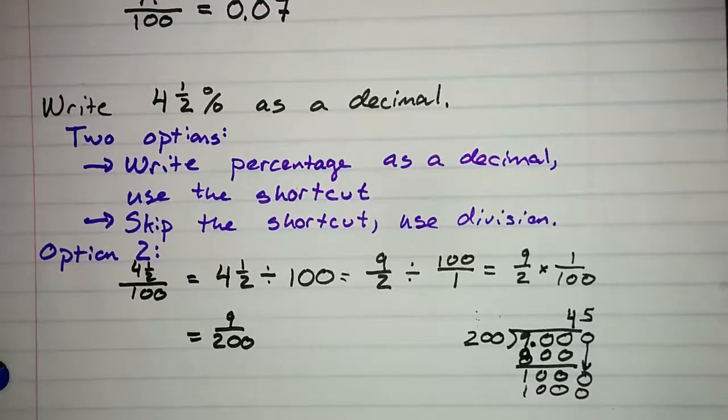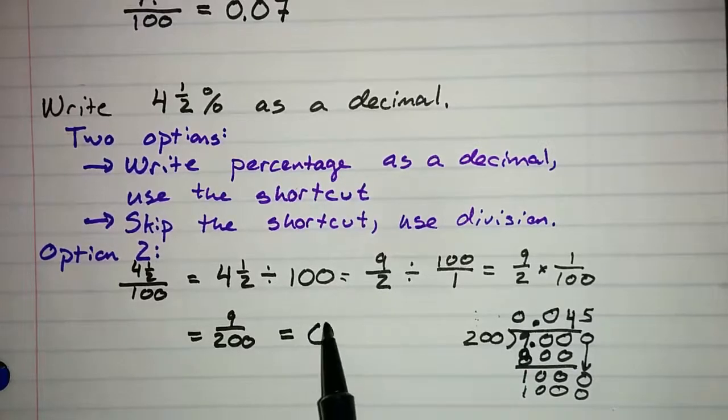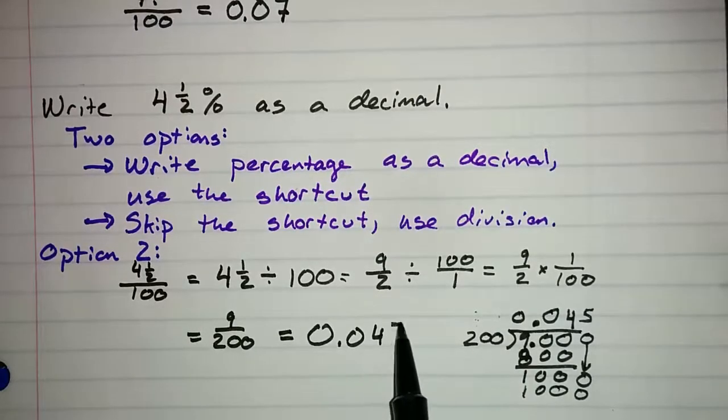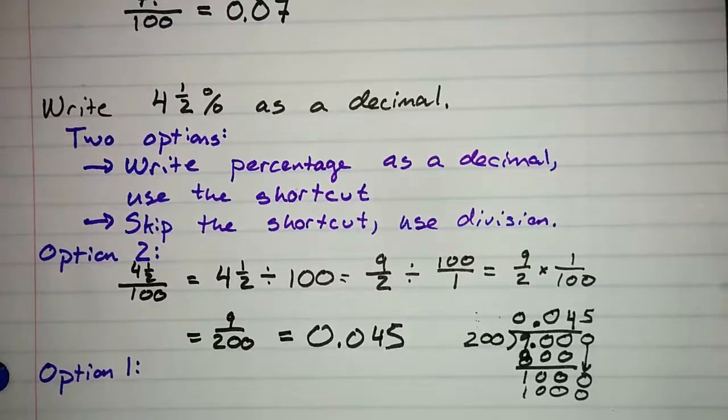Oh, I forgot to write the decimal point in my answer, didn't I? It goes right here. This 4 is above this 0. I need another 0. So I get 0.045.